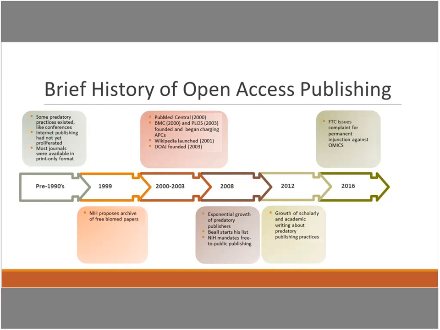Also during this time, in 1999 NIH had proposed it. Well, now in 2008, NIH mandated that this free-to-public publishing come about. That was a big change because at first it was proposed, and now they're saying, yes, we need to do this. In 2012, not only do we see the growth of this predatory publishing from 2008, but we start seeing a growth of writing about predatory publishing practices.